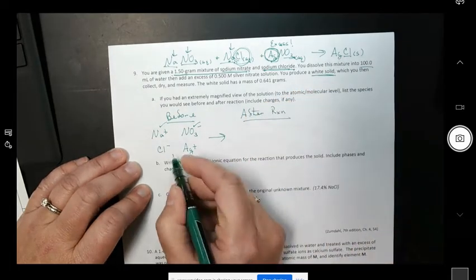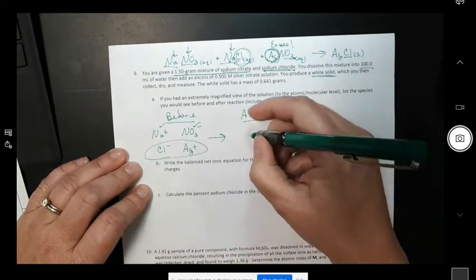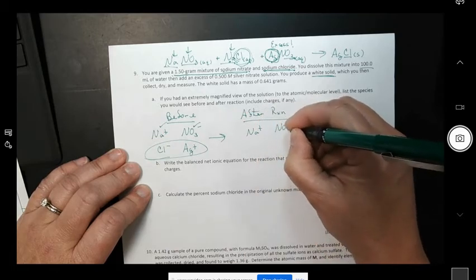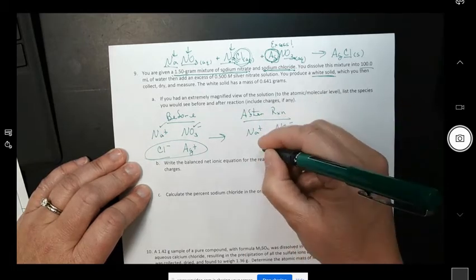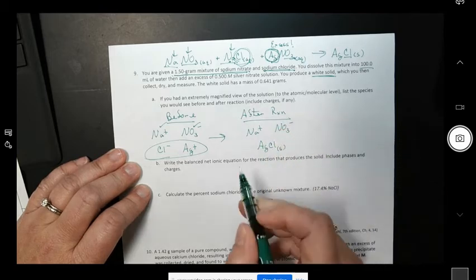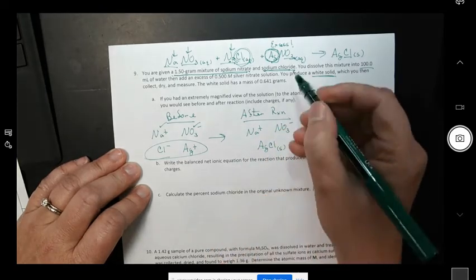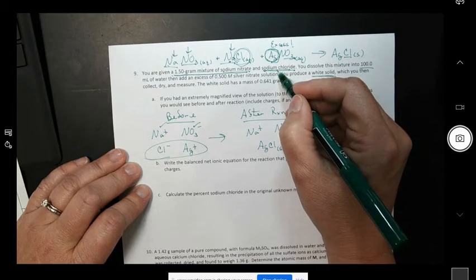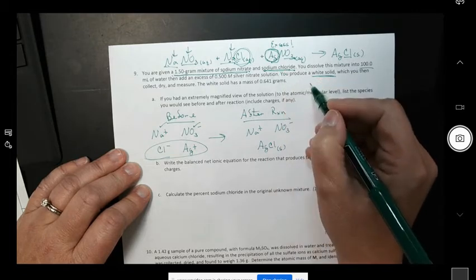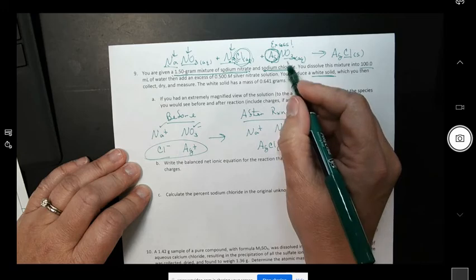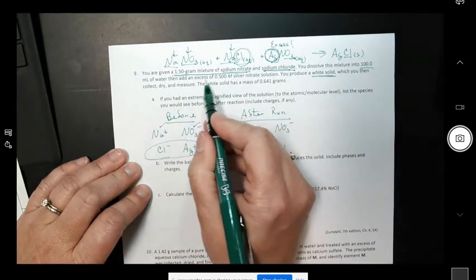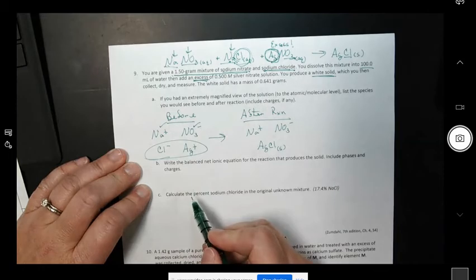After the reaction, what's going to happen is these two are going to form the precipitate. So we're going to see excess spectator ion, and then AgCl solid. But here's another thing I want you to think about. They told you that you were adding excess, where is it? Excess silver nitrate. There it is. Right here, this word excess.